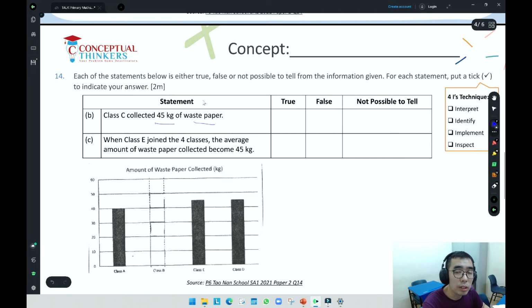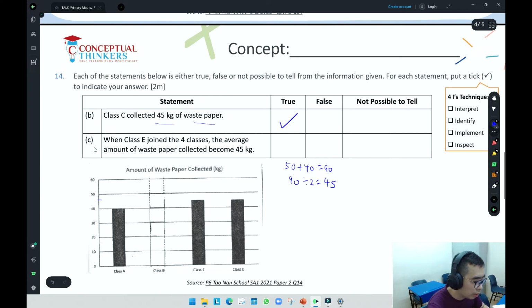So we need to interpret the graph. You will see that class C is in the middle of 50 and 40. If we take 50 plus 40, that will give us 90. Then we divide 90 by 2 to find the middle point. This will give me 45. Which means that for part B, the answer should be true.